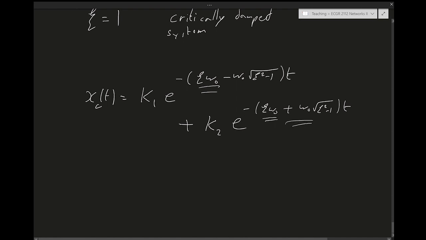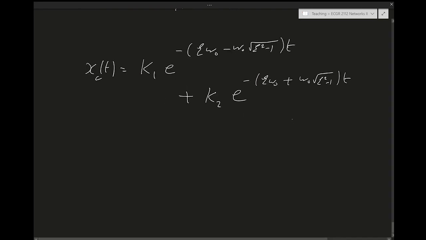And there's an average decay between them, but there are two of them that you have to sum. Okay? If it was a first order system, you would have just one exponential decay curve. You won't have two of them.